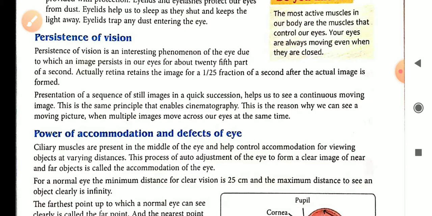Persistence of vision is the phenomenon of the eye due to which an image persists in our eyes for about the 25th part of a second. That means it remains in our eyes for a fraction of time, that is 1 by 25th of a second.